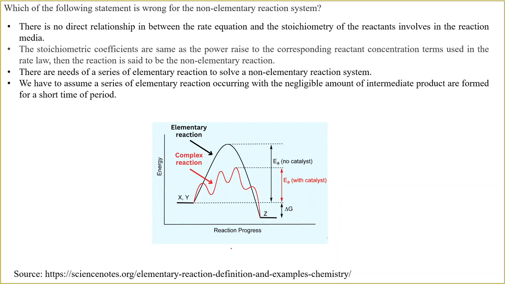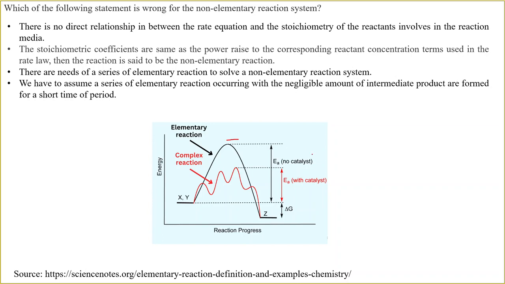Here we can see a reaction progression graph with an energy axis. The black curve, the elementary reaction, starts with the reactants, rises to the activated zone, and then comes down to the product side.